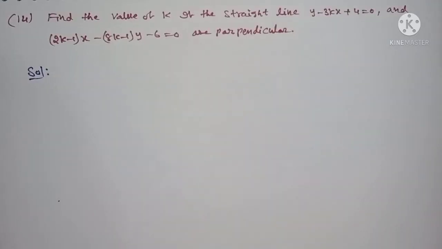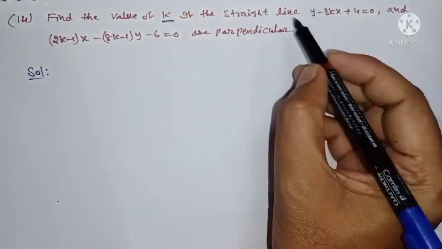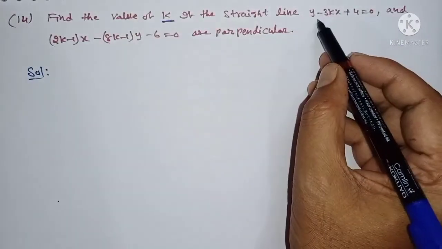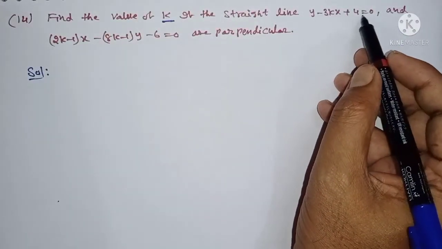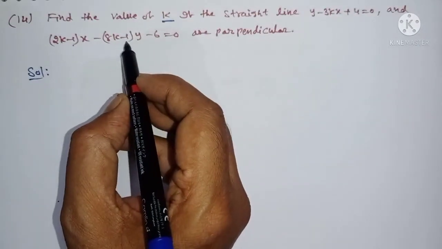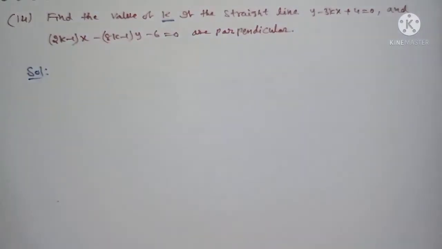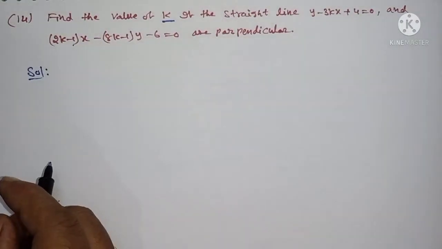This 40th problem: find the value of k if the straight lines y minus 3k plus x plus 4 is equal to 0 and 2k minus 1 x minus 8k minus 1 into y minus 6 is equal to 0 are perpendicular.